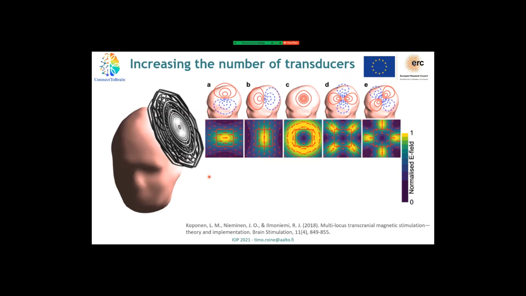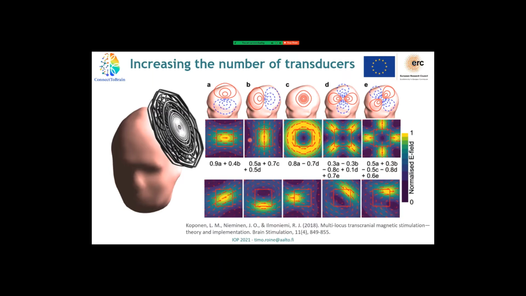But this way, by placing these 5 coils on top of each other, each of them has a basis function, which are shown here below. By combining these basis functions, we can move the locus of the stimulation millimeter by millimeter, also change the direction of the induced electric field.